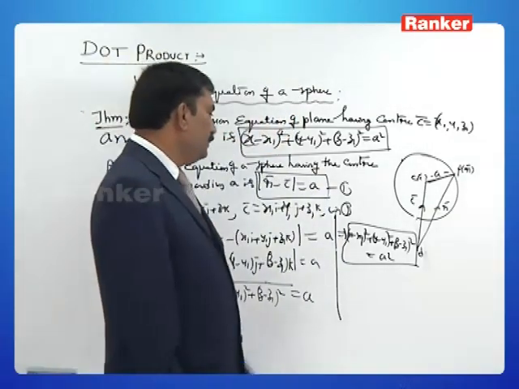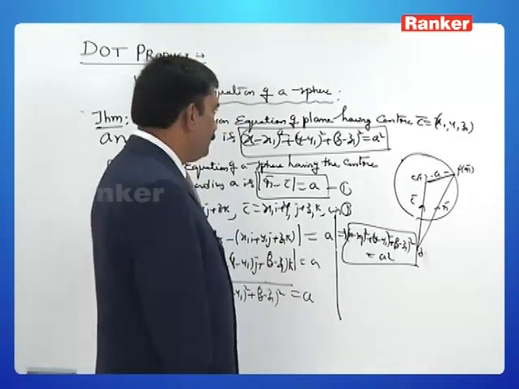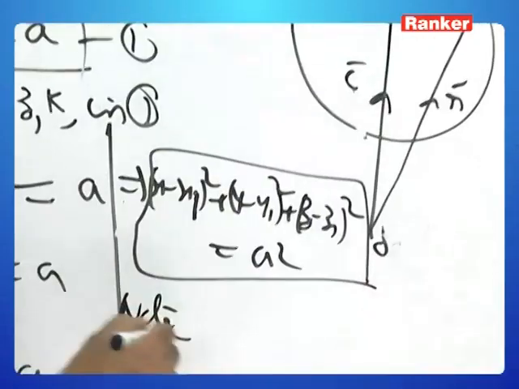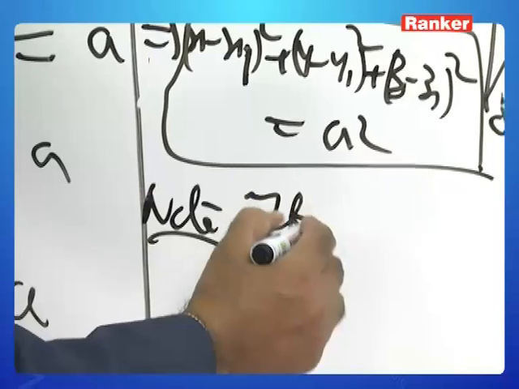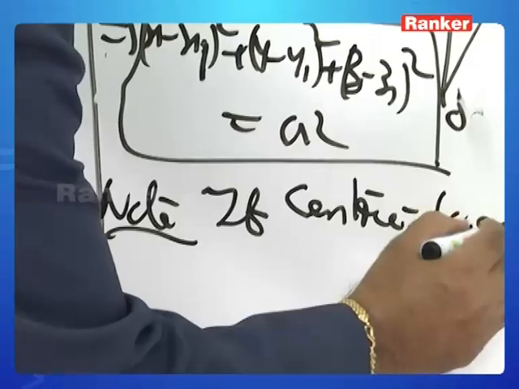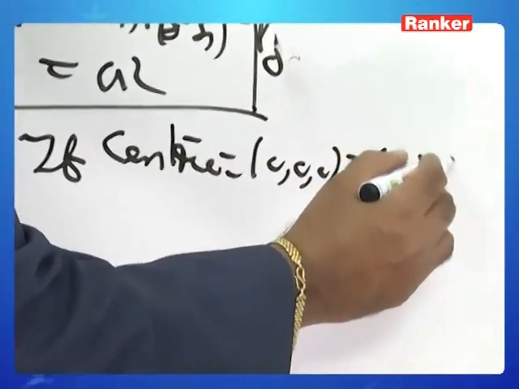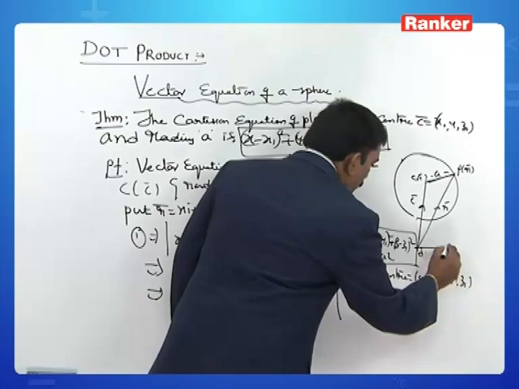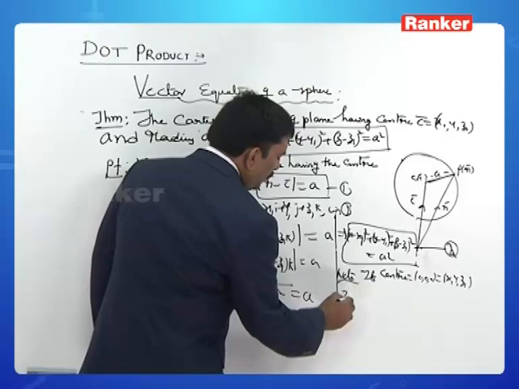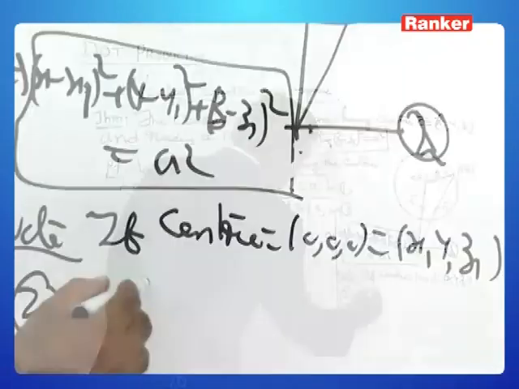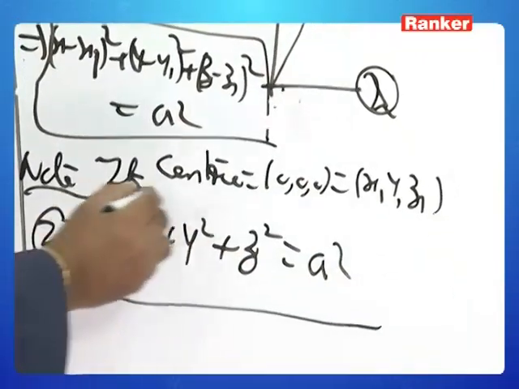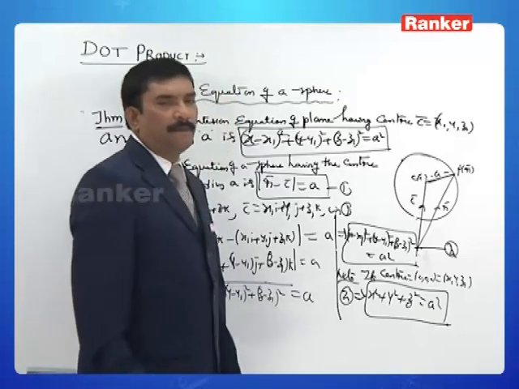Remember, if the center is 0, 0, 0, this is the equation 2.